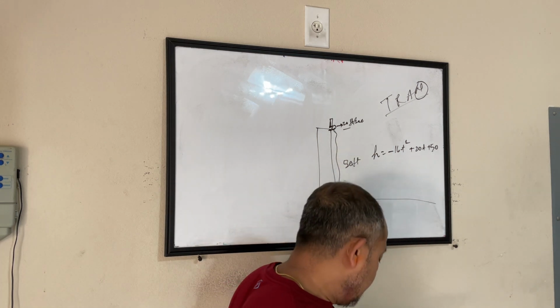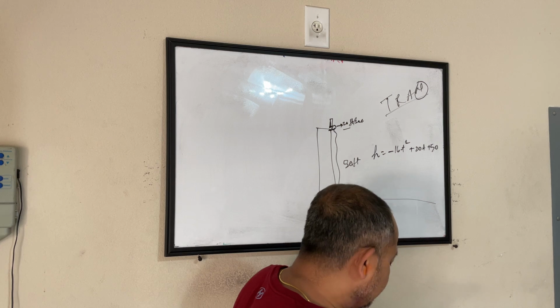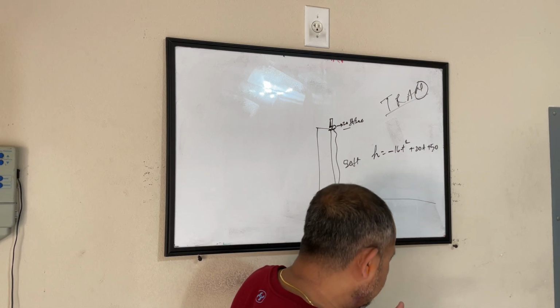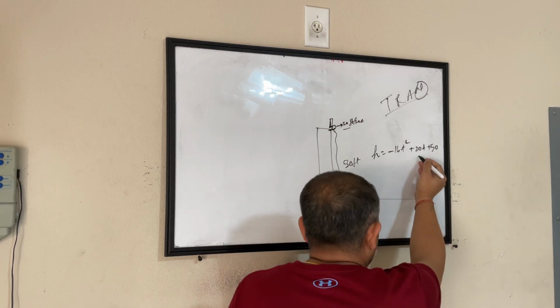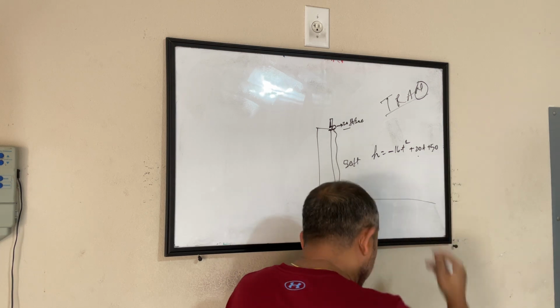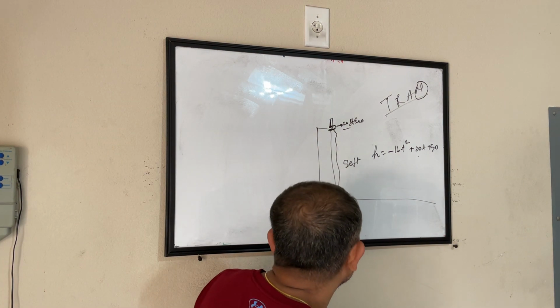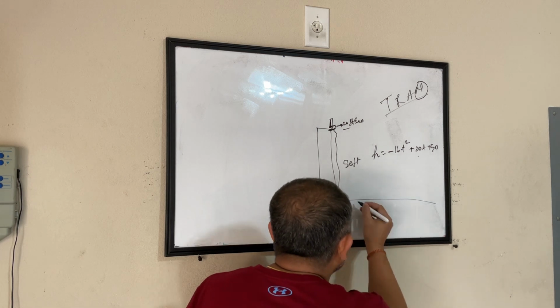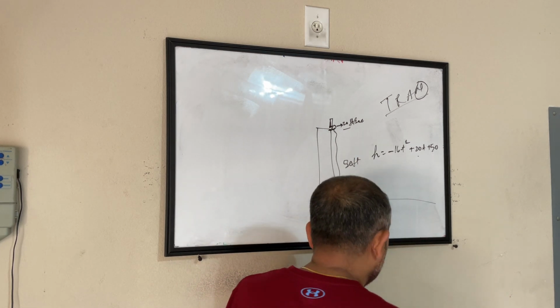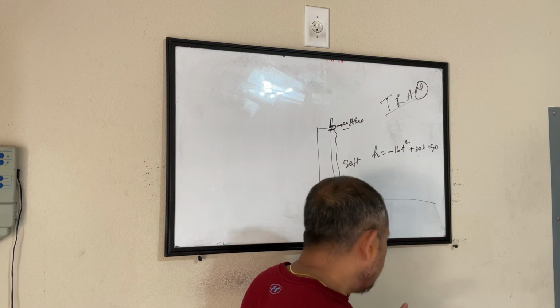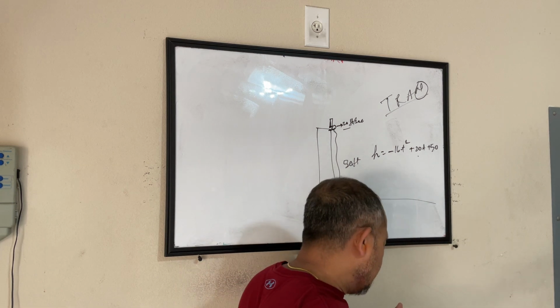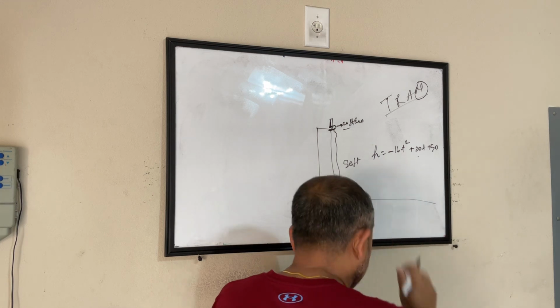The equation H equal to minus 16t squared plus 20t plus 50 can be used to model the height of the ball after t seconds. So when you are talking about the height of the ball, you are essentially talking about how far it is from the ground. So this equation is the model for determining the height of the ball after t seconds.